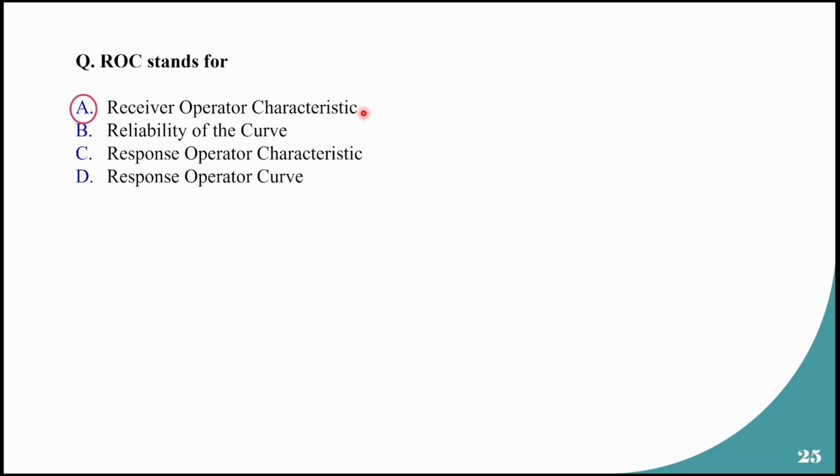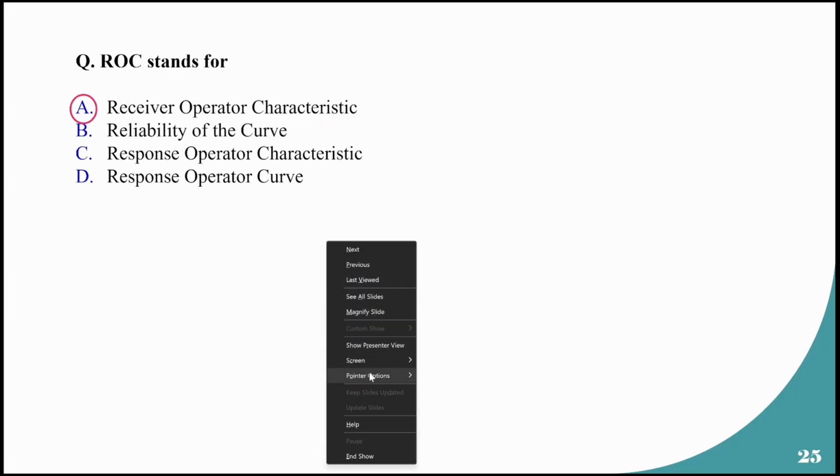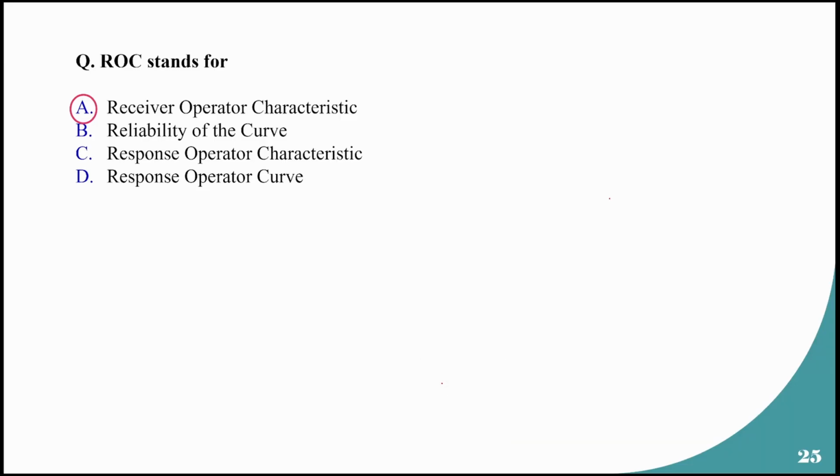So the receiver operator characteristic is what you will have if you calculate two particular parameters. For example, I will show it very briefly. One will be on the x-axis, let's say FPR, and on the y-axis let's say TPR.